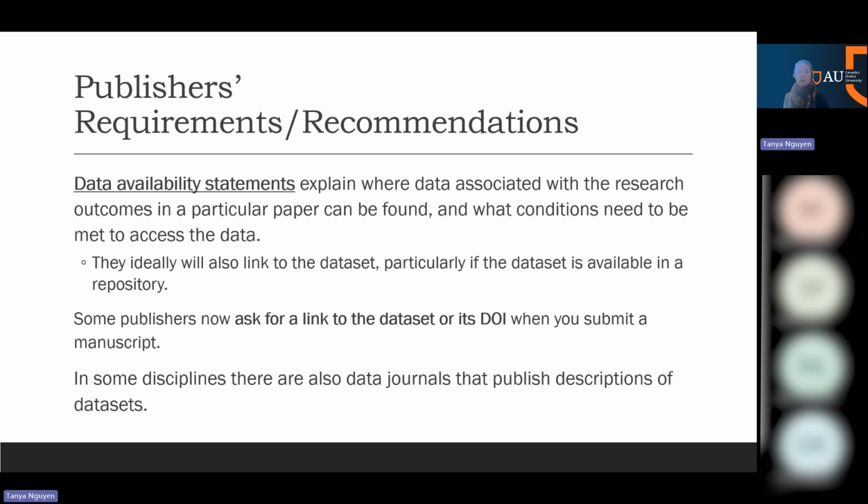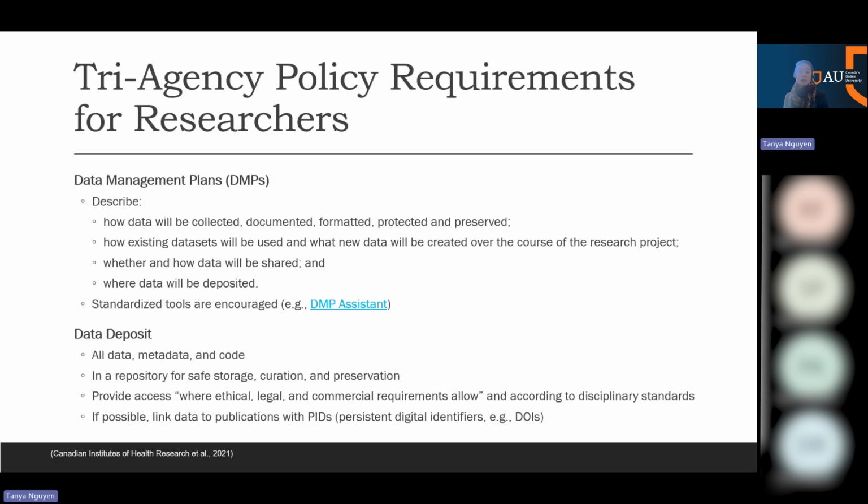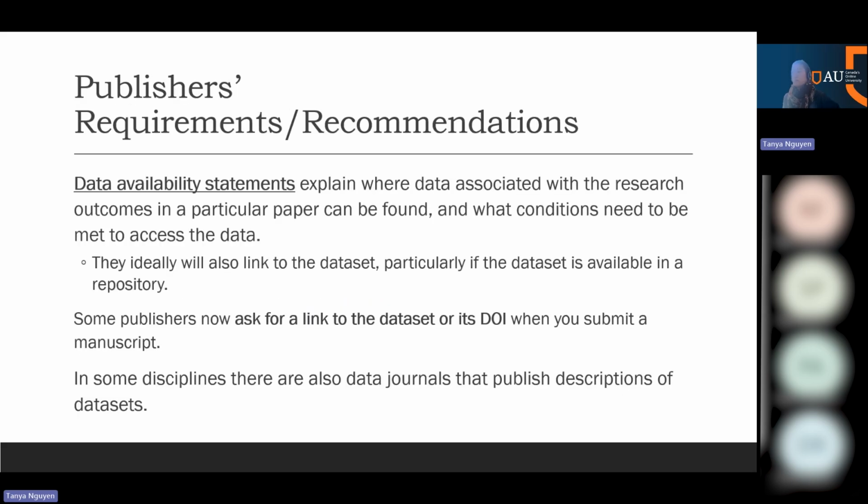Okay, so we talked about funders, right? And now we're moving on to publishers. So many publishers have data sharing policies and may require a data availability statement. They may have this built into their manuscript submission process. So you'll need to check the author guidelines for the specific journal you are submitting to.